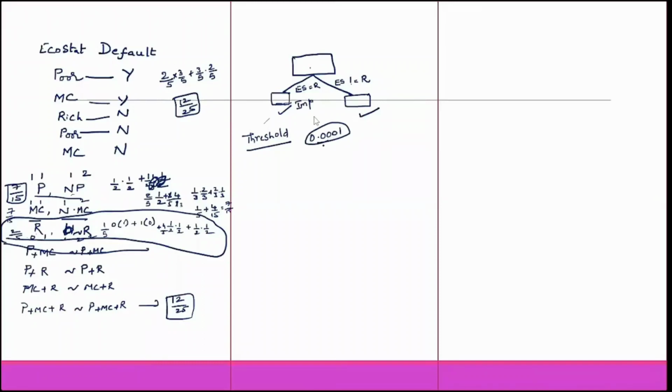I don't want that split because it is complicating my rules just for getting that extra reduction in the impurity. So we will put a kind of a threshold that the fall in the impurity should be at least this much. So there are some such kind of things that we will be discussing.